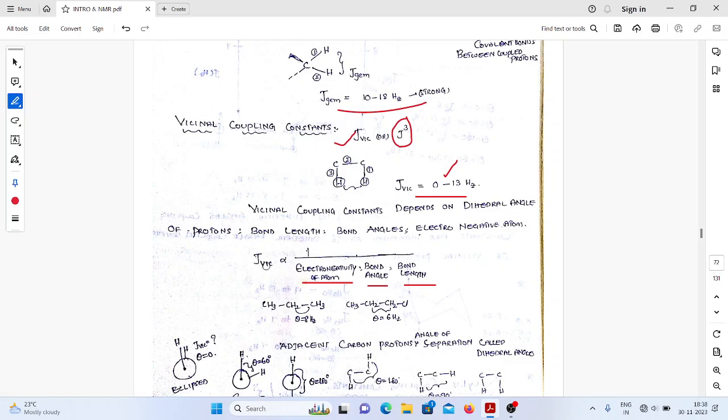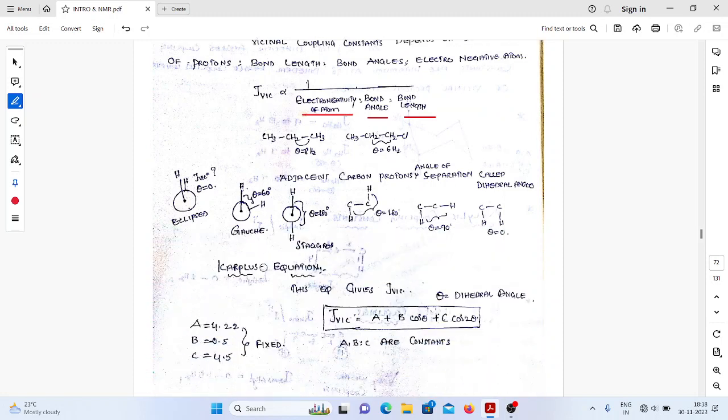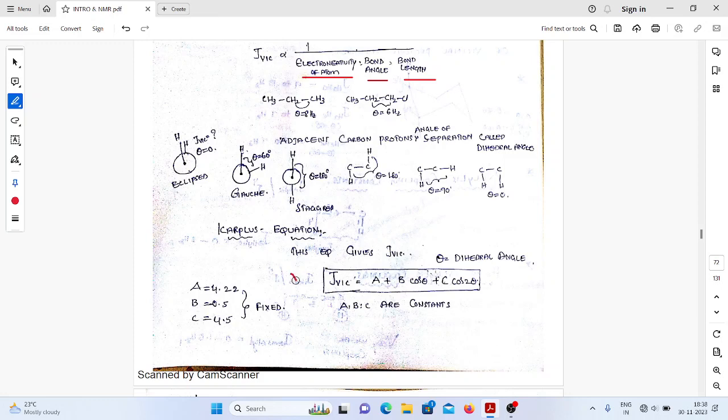Bond angle increasing, decreasing. Electronegativity of the atom increasing, decreasing. Generally, these vicinal couplings are observed in most cyclic compounds. That's why we have an equation called the Karplus equation: J vicinal equals A plus B cos theta plus C cos 2 theta.